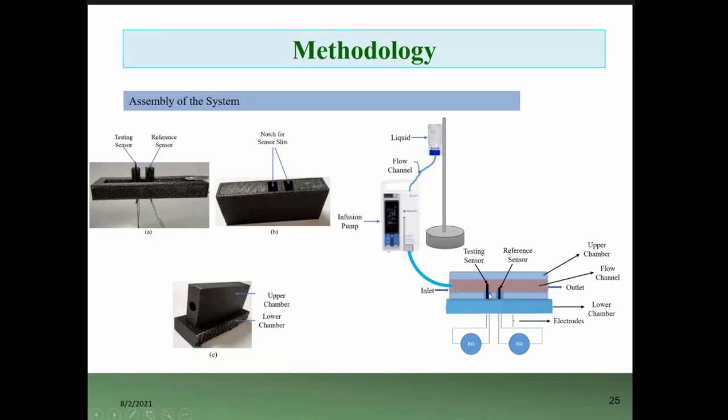And here, as I have mentioned, there will be a testing sensor which will be exposed to the flow channel, and the reference sensor will be hidden inside the chamber. So when the fluid flows through this channel, it will bend the testing sensor, and due to the bend, there will be a change in the resistance, but there will be no change in the reference sensor, since there will be no effect of the flow on this sensor.